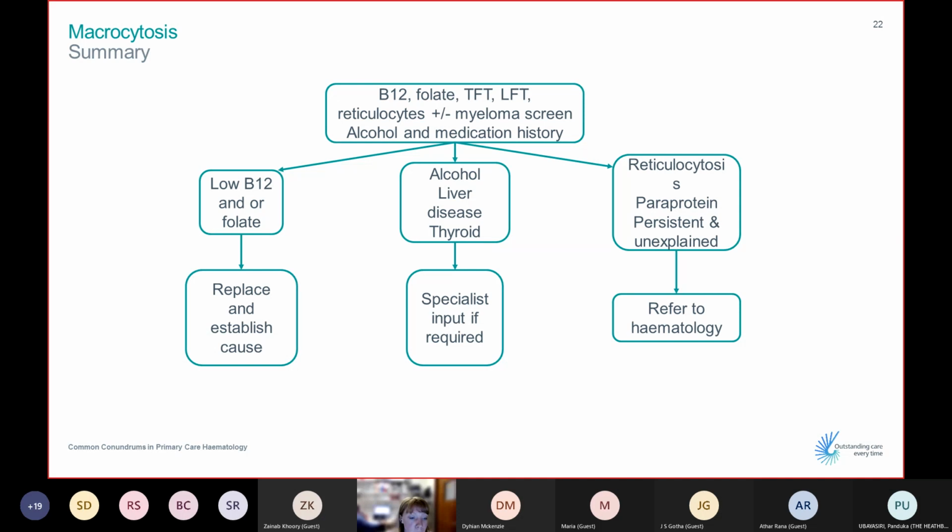So if there's a B12 or folate deficiency, please replace and establish the cause. If there is a history of increased alcohol intake, liver disease, thyroid disease, it may require specialist input from other specialties. But anyone with a reticulocytosis, a new paraprotein, or here we have our persistent and unexplained macrocytoses, please refer to us in haematology.